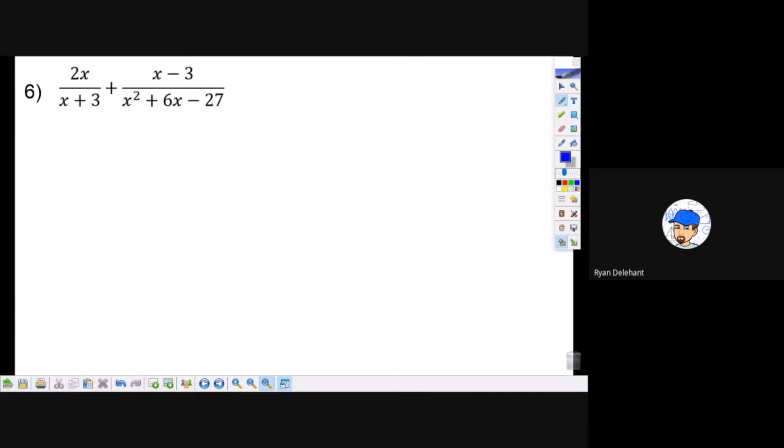All right, let's try one more. See if it's a little bit pretty. What's the first step? First step is factor. So nothing factors out of our first fraction. Nothing factors out of the numerator. Factors of 27 that add to 6.